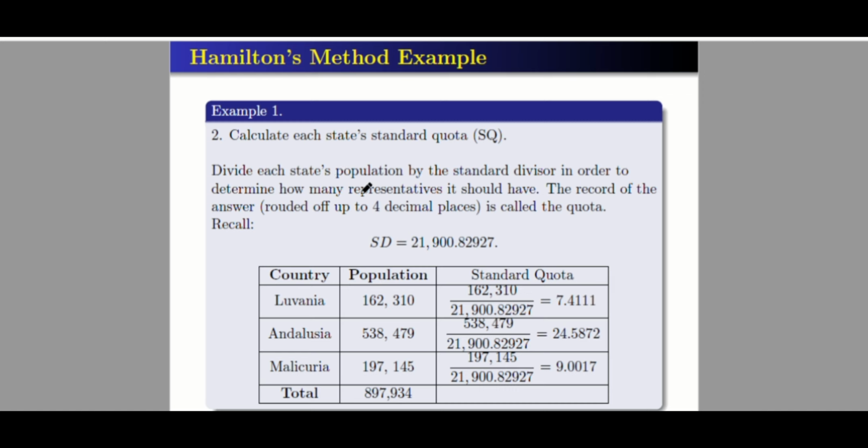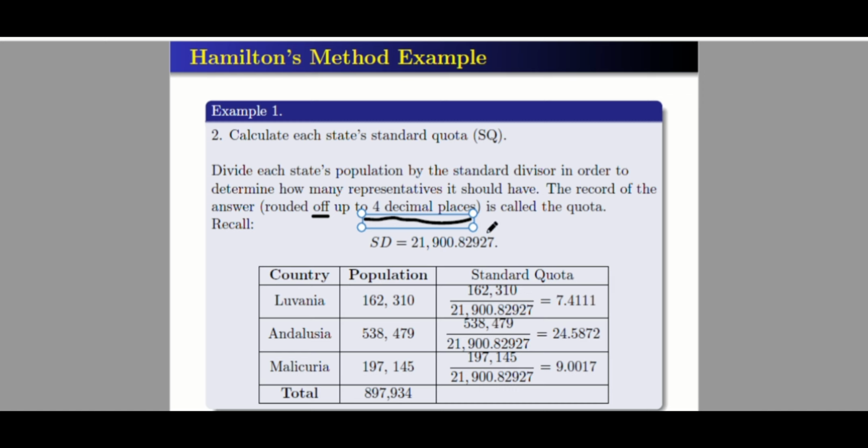Now this time, for us to be uniform, let's round our standard quota to 4 decimal places. Round off, okay, up to 4 decimal places.